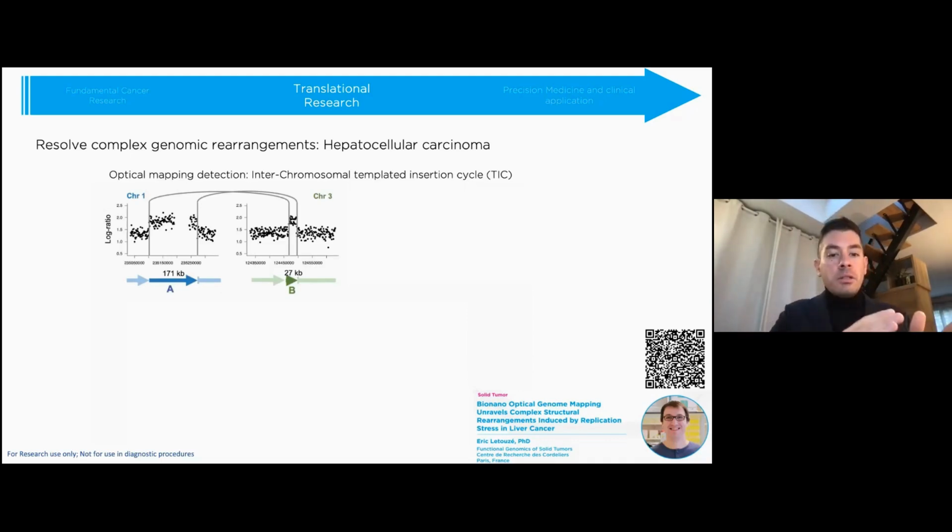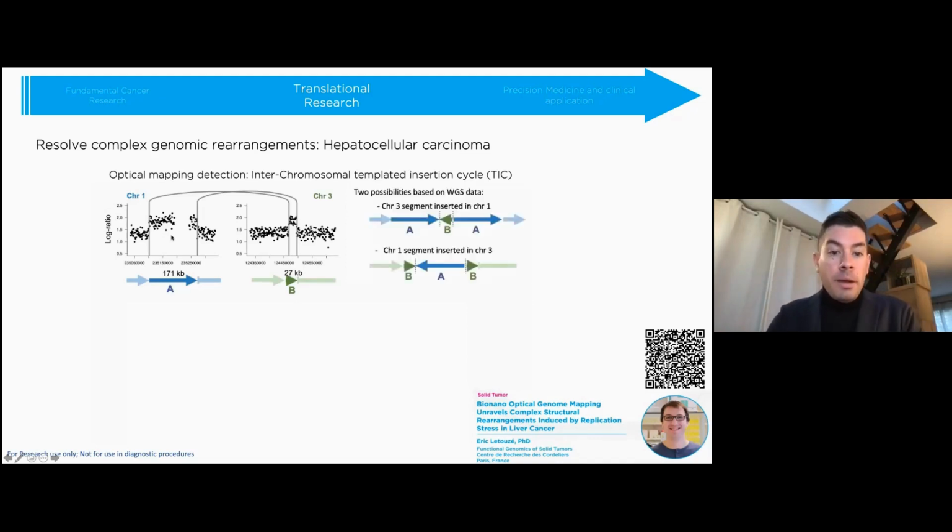And this causes a complete deregulation of the cell cycle and replication stress. But resolving TIC from NGS data alone isn't possible because the reads are too short. All you can do is make hypotheses with two different models here, whether it is a chromosome 3 segment inserted into a chromosome 1, or a chromosome 1 segment inserted into a chromosome 3.